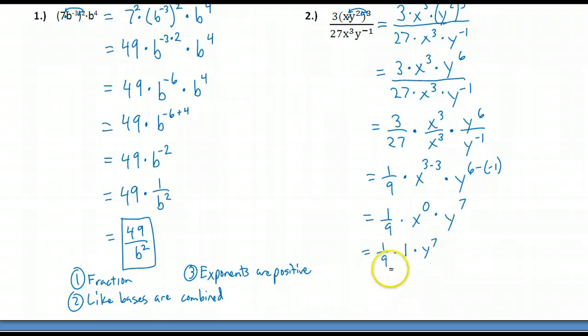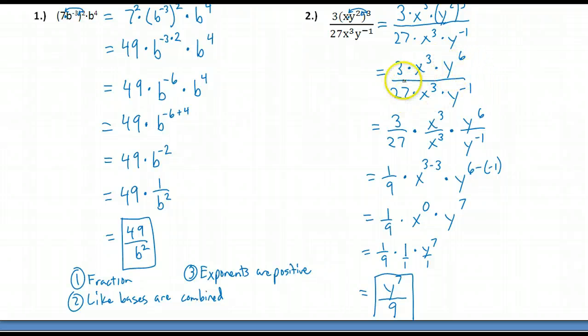Now I just need to multiply all these together. 1 over 1, y to the 7th over 1. 1 times y to the 7th power is just y to the 7th over 9 times 1 times 1. I know that I'm done simplifying because I have one fraction in lowest terms, my exponents are all positive, and all my like bases are combined.